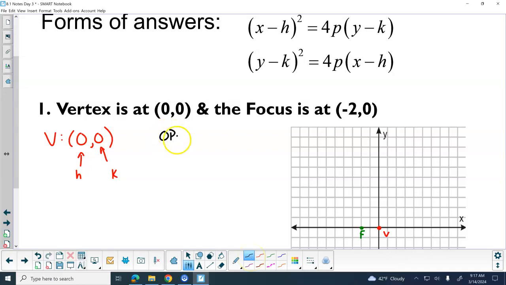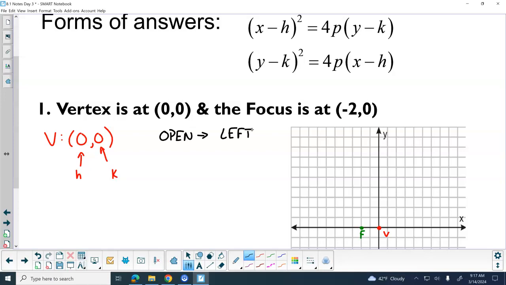First thing I can figure out is which way this parabola opens. It opens to the left, because remember, the focus is inside. The focus points which way from the vertex? Inside. So it's going to open left.